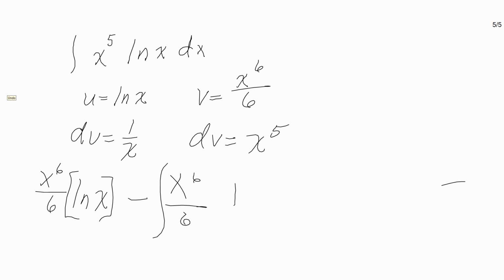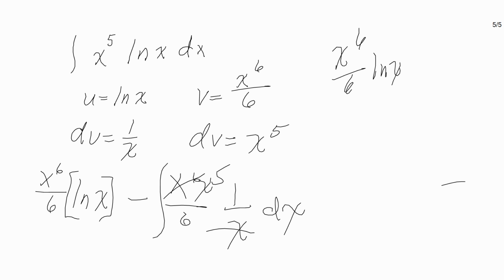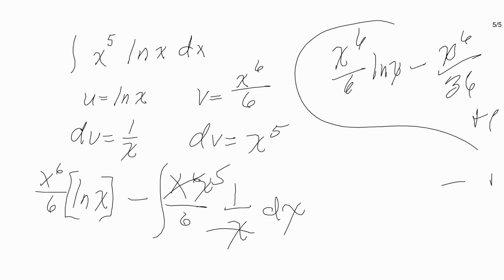VU is 1 over X. X to the 6 over 6, natural log of X, minus X to the 6 over 36. Y'all help me out. X to the 6 over 36. I don't know. Y'all check the answer. You figure it out.